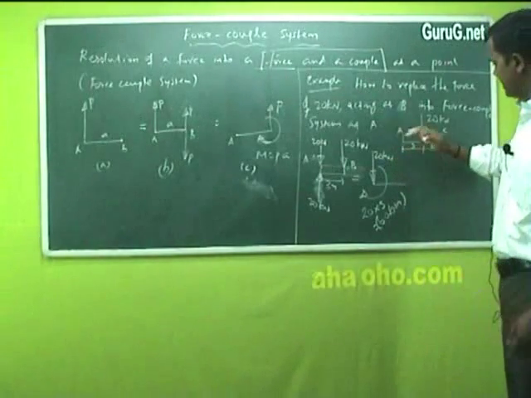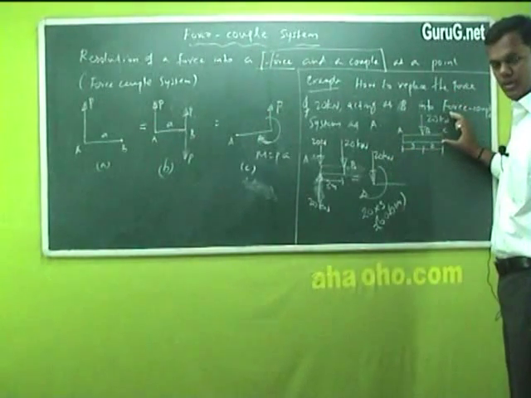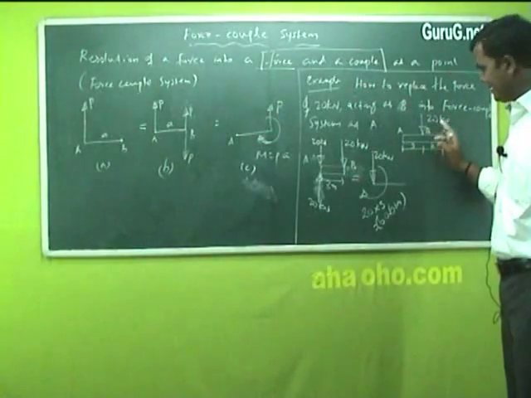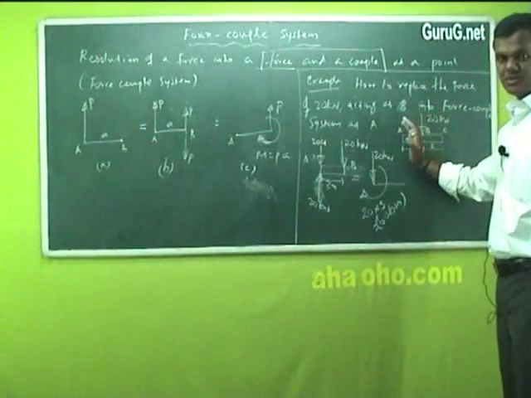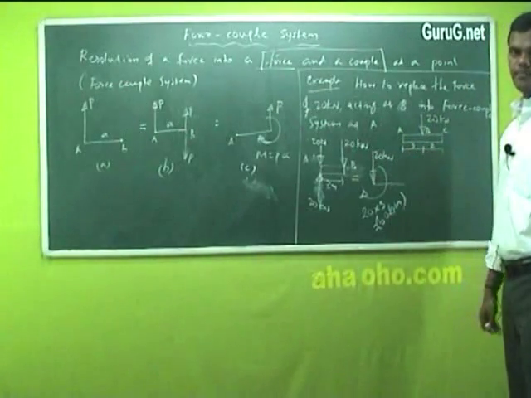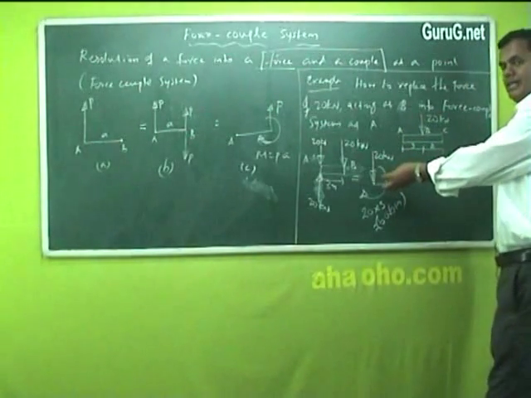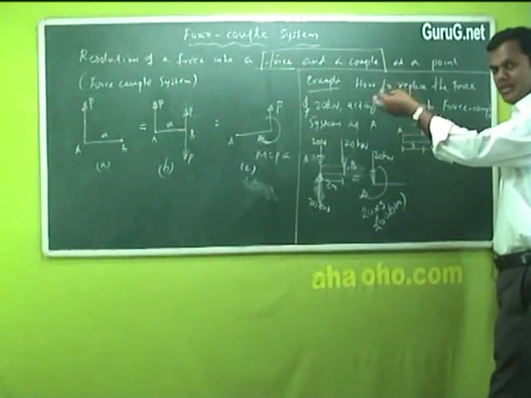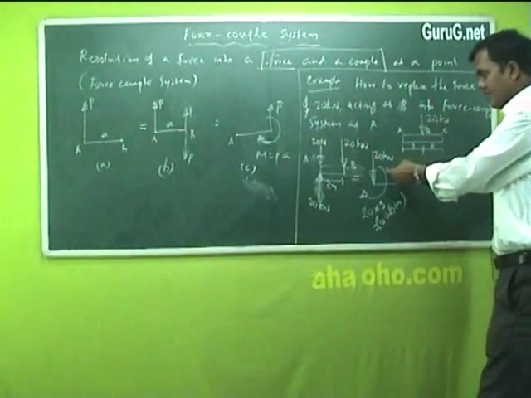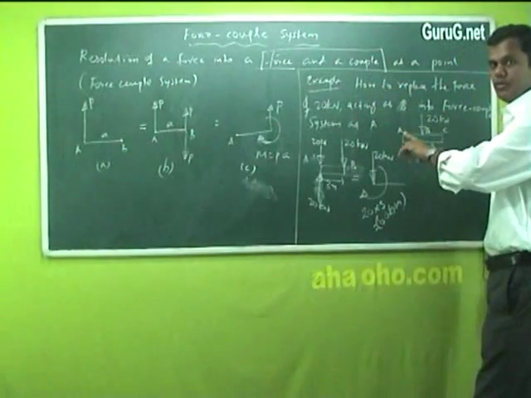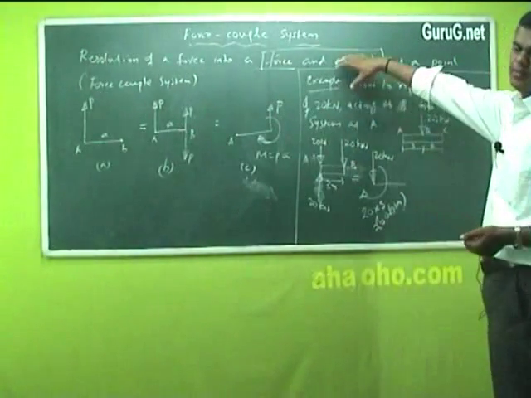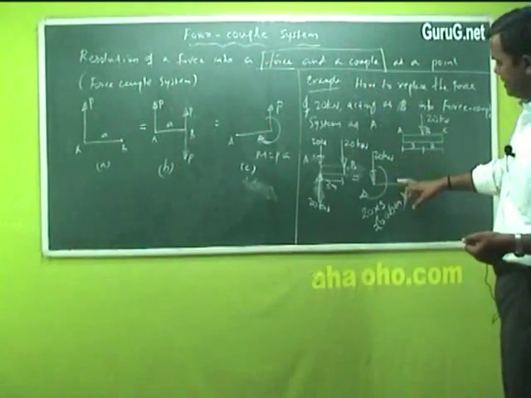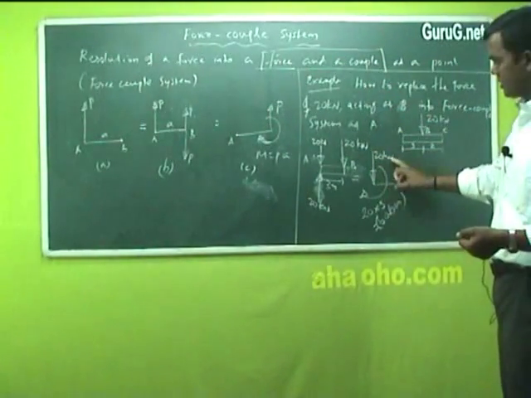So this is the sketch. The force of 20 kilonewton acting at point B is converted into a force couple system at point A in this way. The use of this is to make a complex problem simpler, so that we can easily add up the values. When we find the resultant, we add up forces that are up or down, and a couple shows clockwise or anti-clockwise.